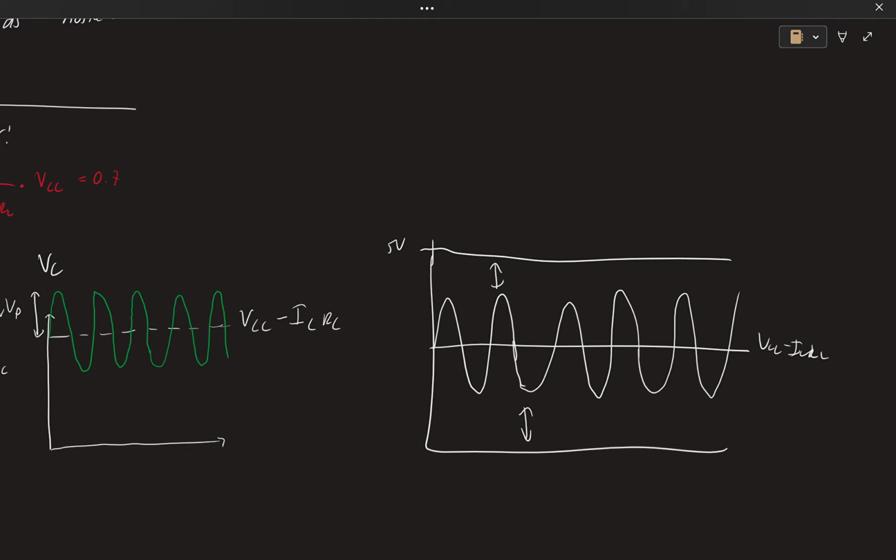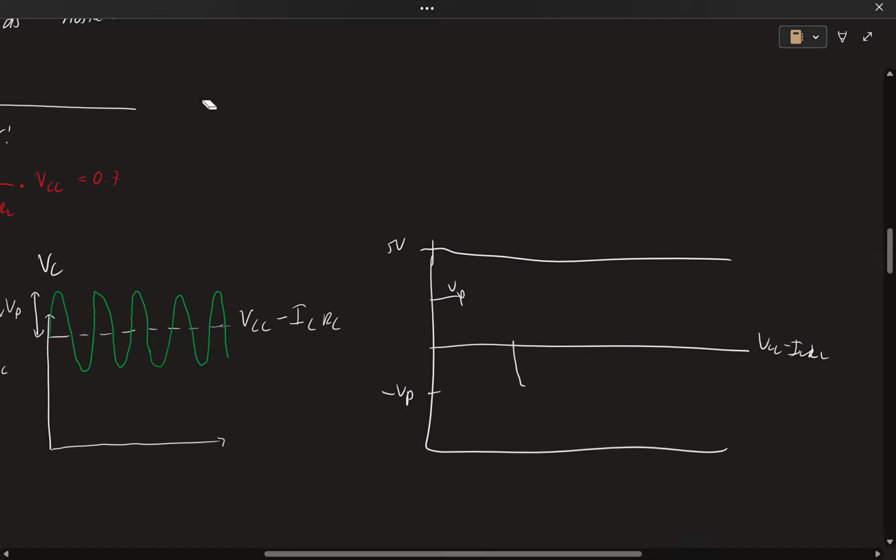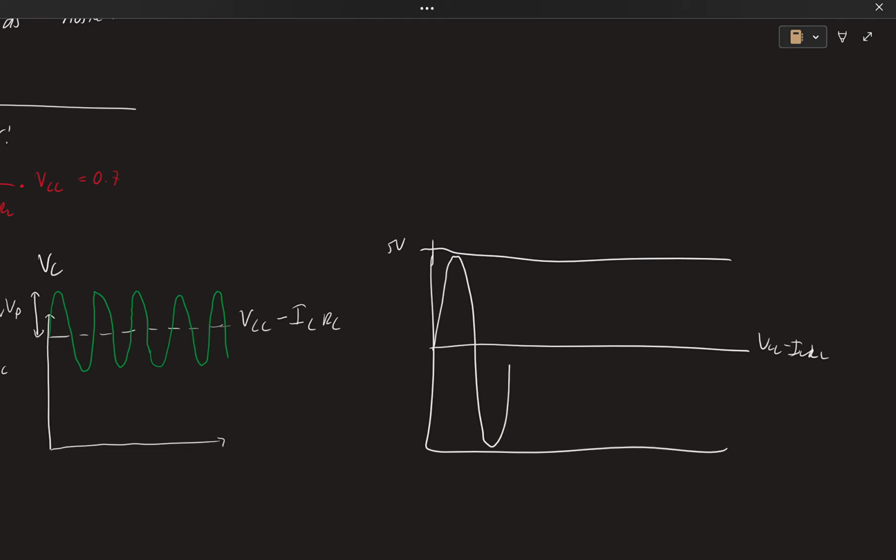Because sinusoids are symmetrical, they have this VP here and this negative VP. So this means we can have more headroom. We have the same exact distance from 2.5 to 0 and the same exact distance from 2.5 to 5. This means we can go all the way here, all the way back.